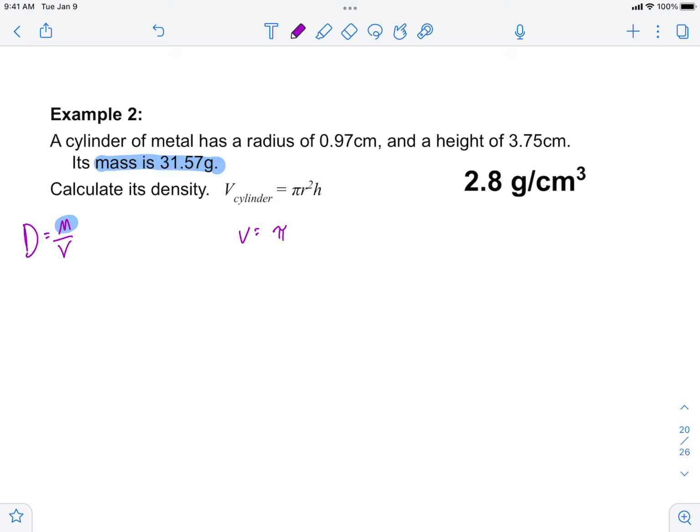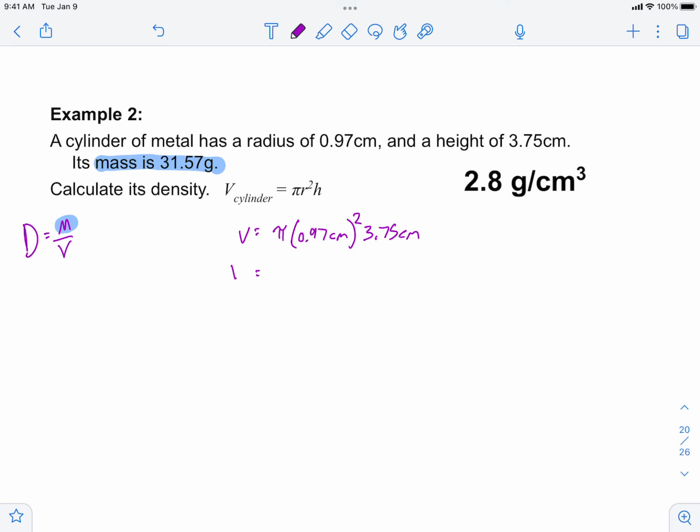All right, so pi times the radius, 0.97 centimeters, which will be squared, times the height, 3.75 centimeters. So pi times 0.97 squared times 3.75.